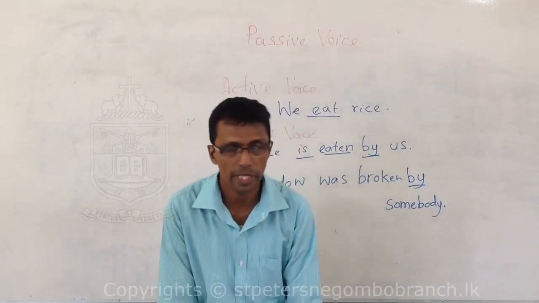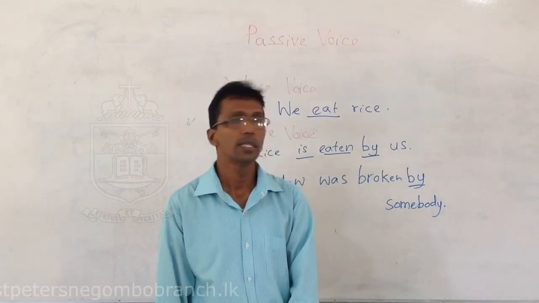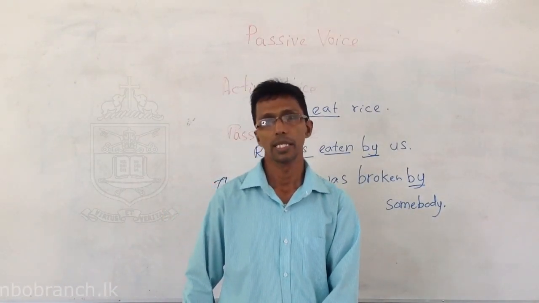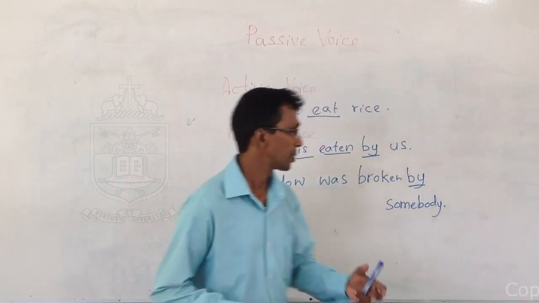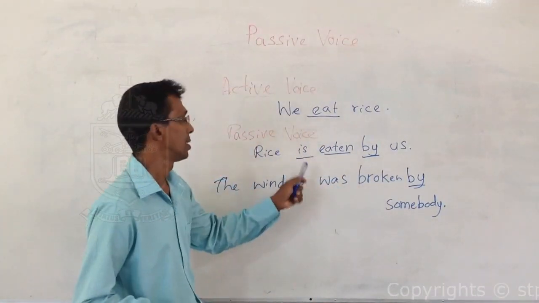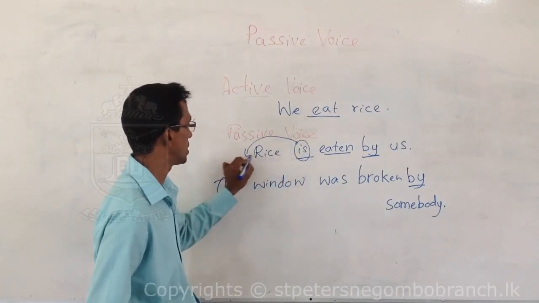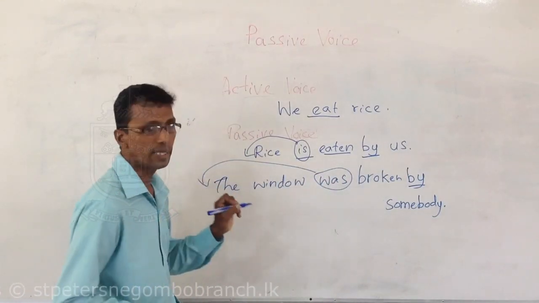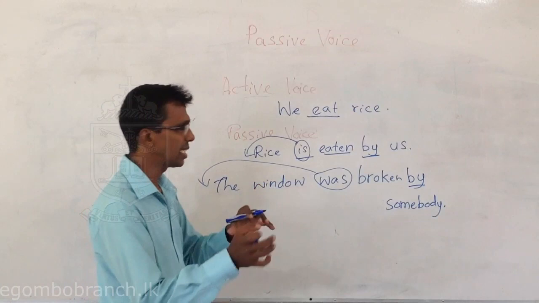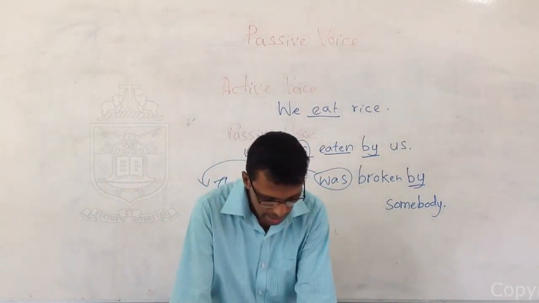If you name some of the helping verbs: is, am, was, were, will, would, do, does, have, has, had, those are the helping verbs. So these helping verbs change from here to here in the passive voice.